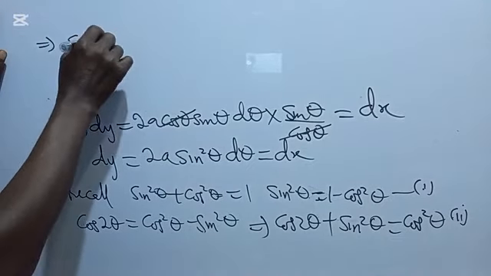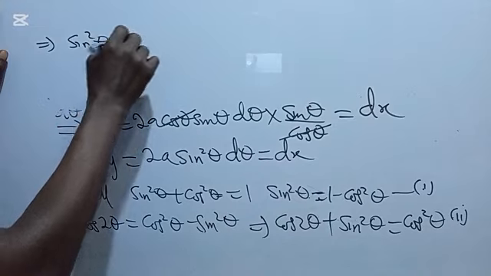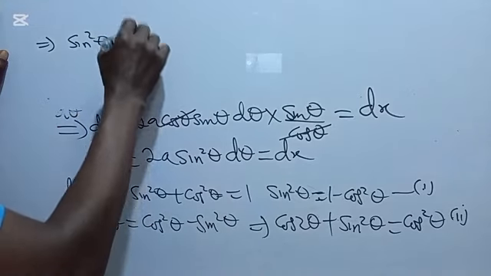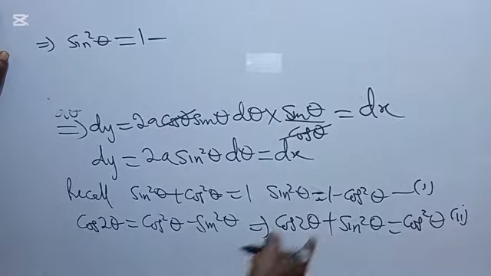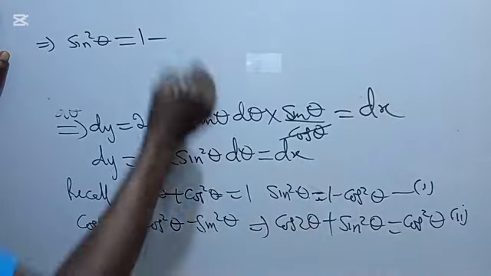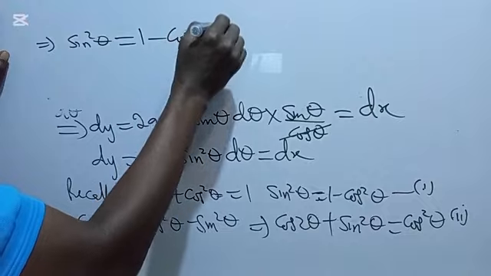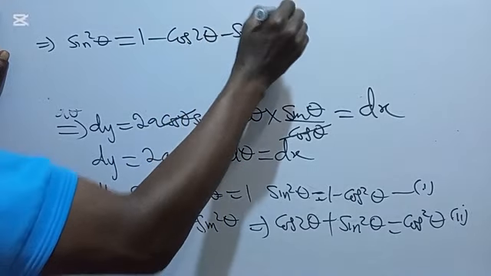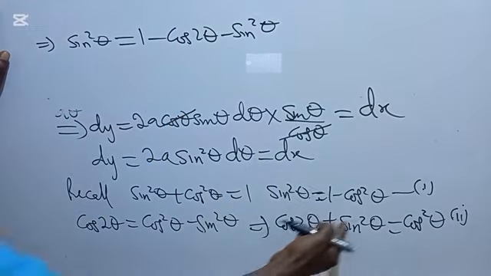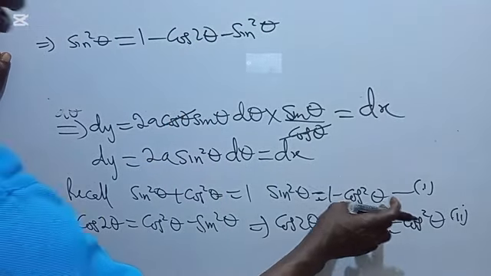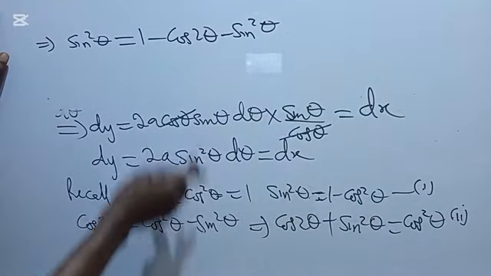sine square theta is now equal to 1 minus, what is my cos square theta? I have cos 2 theta plus sine square theta, the whole of this now is what I'm bringing in.